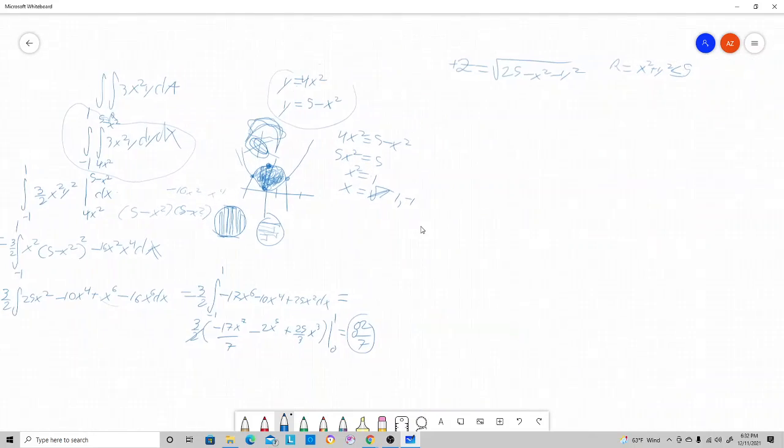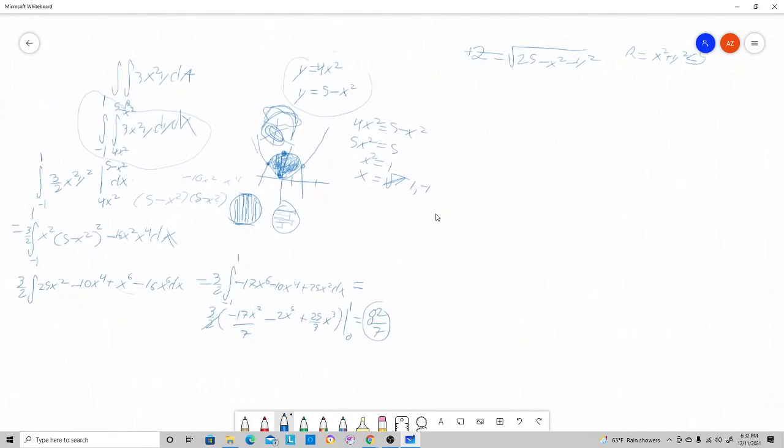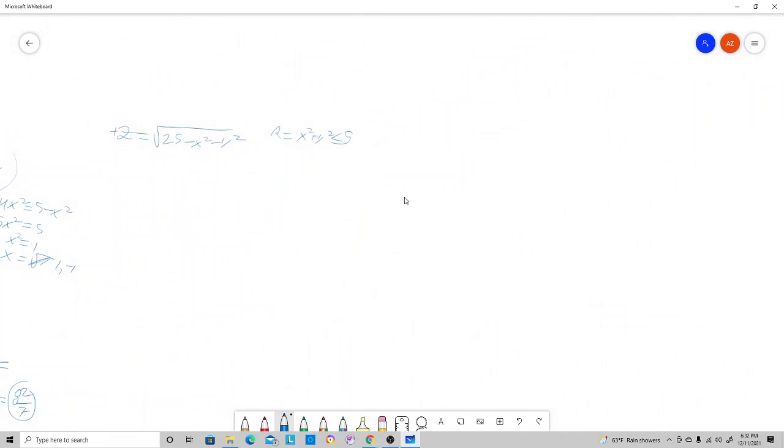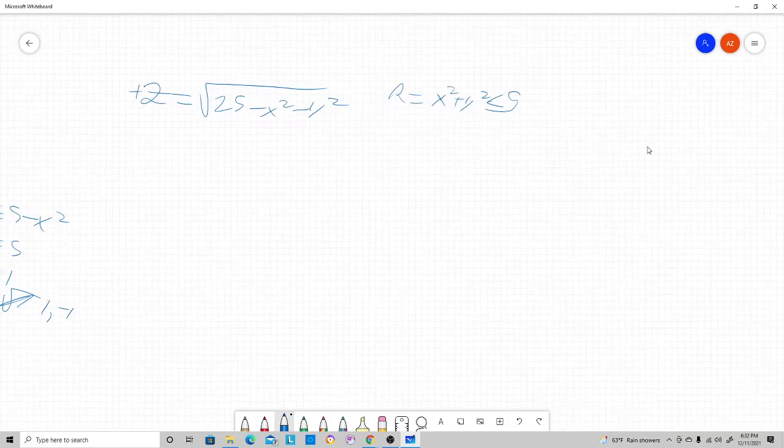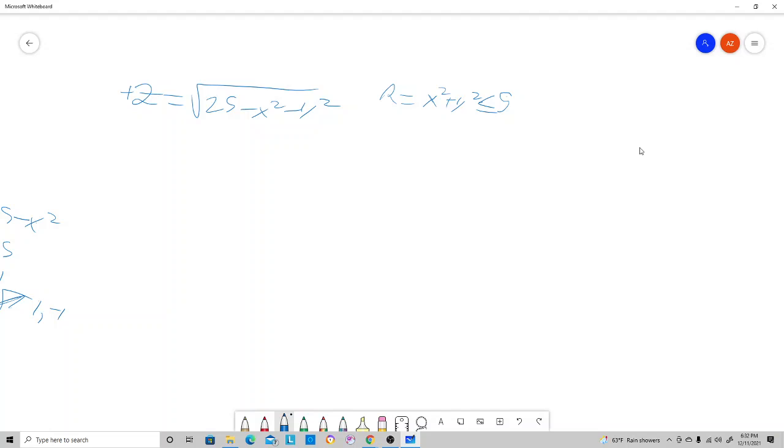So now let's go to polar. These integrals have the exact same idea. You are integrating over a certain region under this function. This is the three-dimensional function, and this is a region. If you notice, this region is actually a circle, and because it's just a positive side, it's a hemisphere.